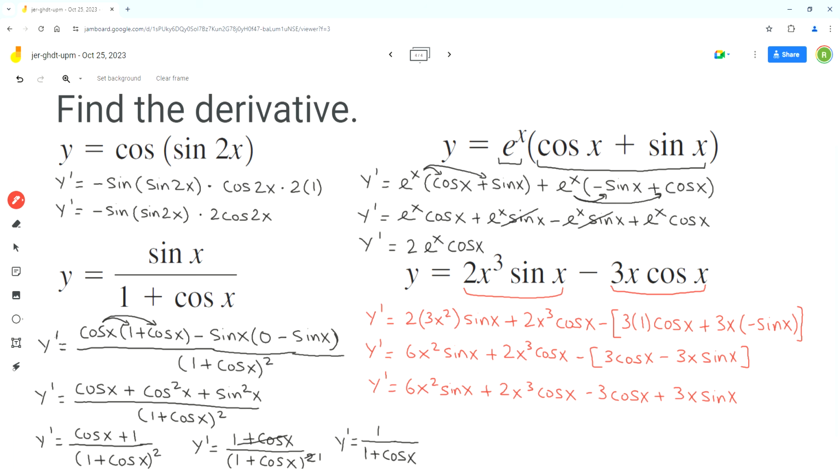Now in this expression, there are no like terms. So we can just rearrange the terms in the order of the powers on x from greatest to least.